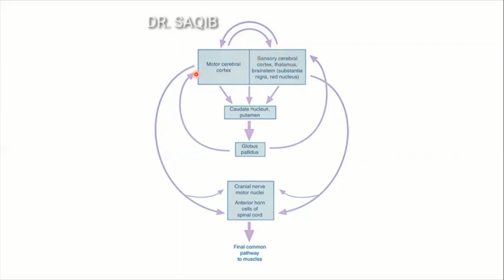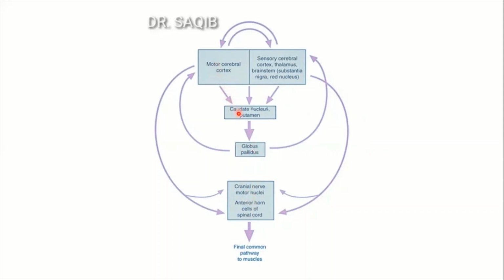And a very important point which I am going to mention now is that the cerebrum has direct influence on the cranial motor nuclei and the anterior horn cells of the spinal cord, the final common pathway. These parts of the basal nuclei have no direct influence or connection with the spinal cord, right?